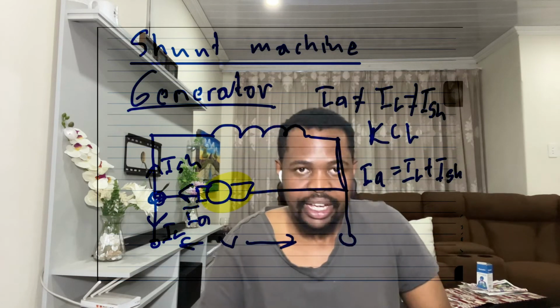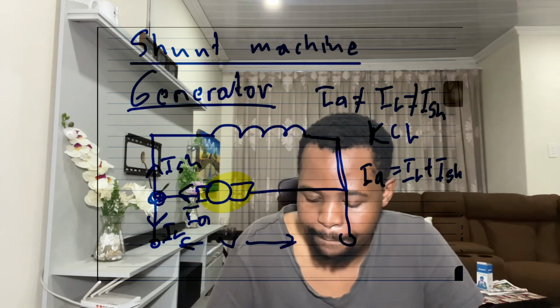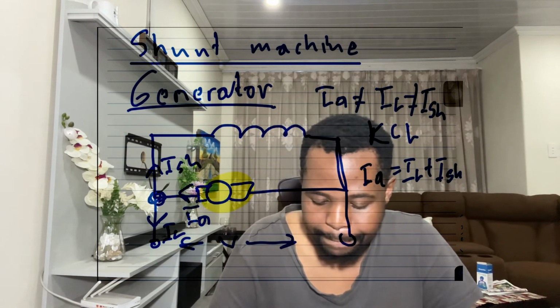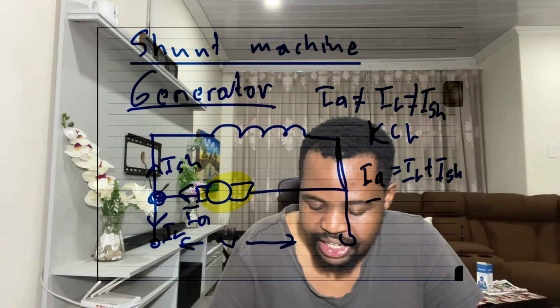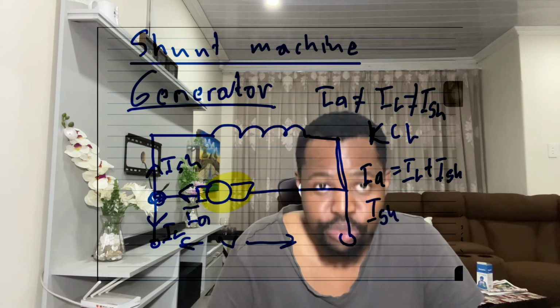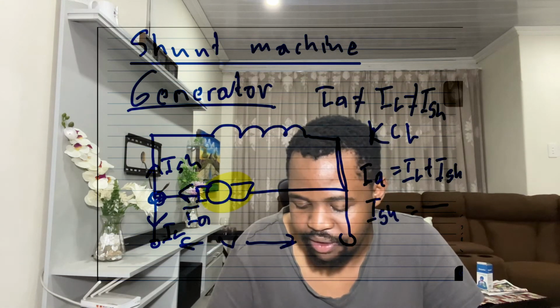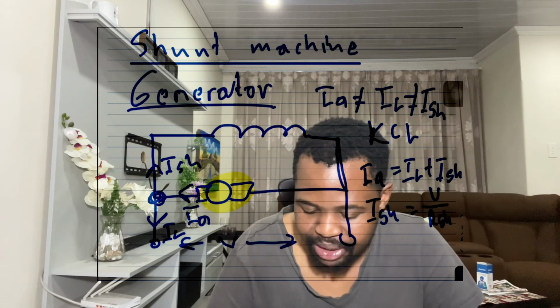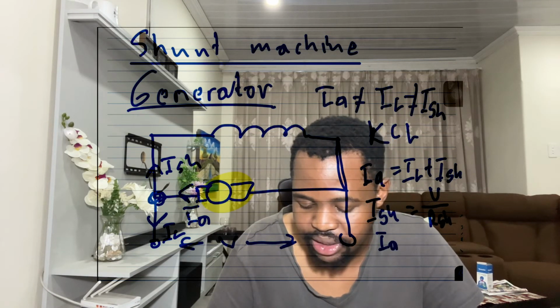Remember, guys, I shunt can also be calculated using Ohm's law, which is V over R shunt. But please, guys, never use this equation: IA equals V over RA.